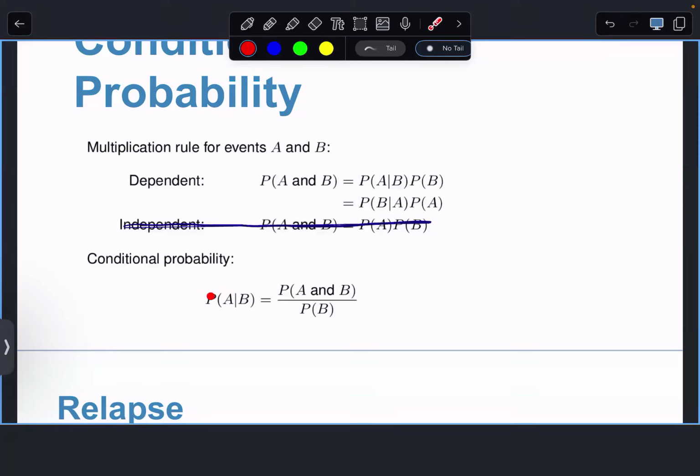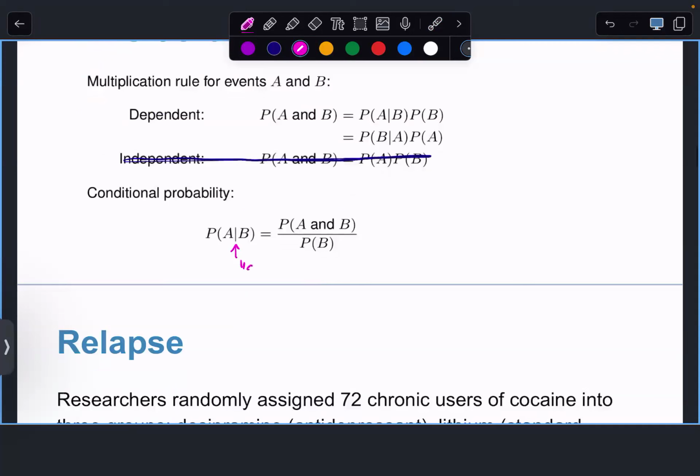We saw this last day: if we have this vertical bar, we read it as "given." So the probability of A given B is the probability of A and B divided by the probability of B.